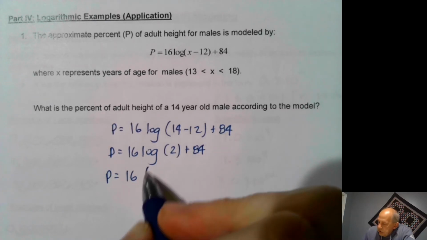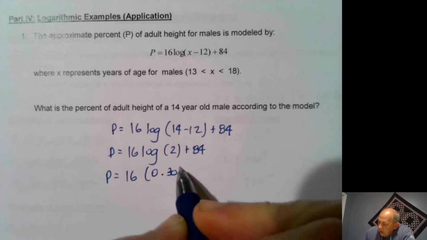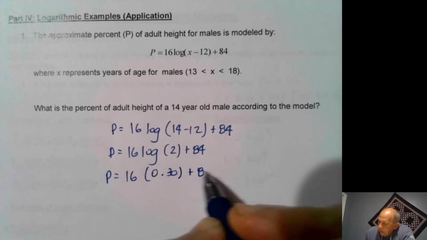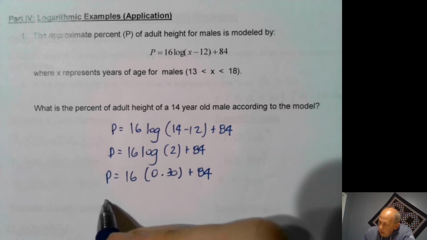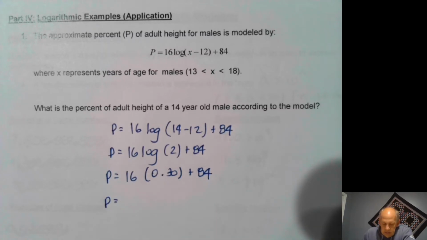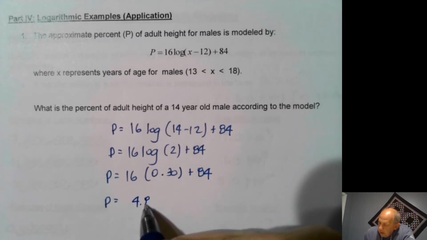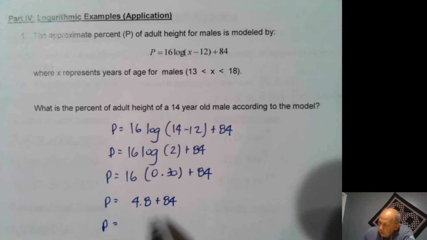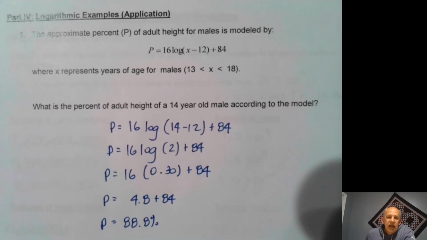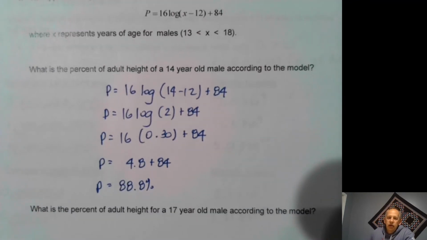The log of 2, I enter that in my calculator, is 0.30, plus 84. 16 times 0.3 is 4.8, add 84. I add those two together. A 14-year-old male is at 88% of their adult height.